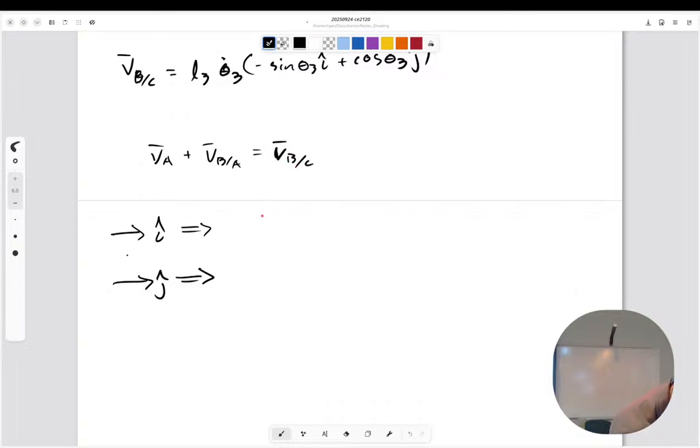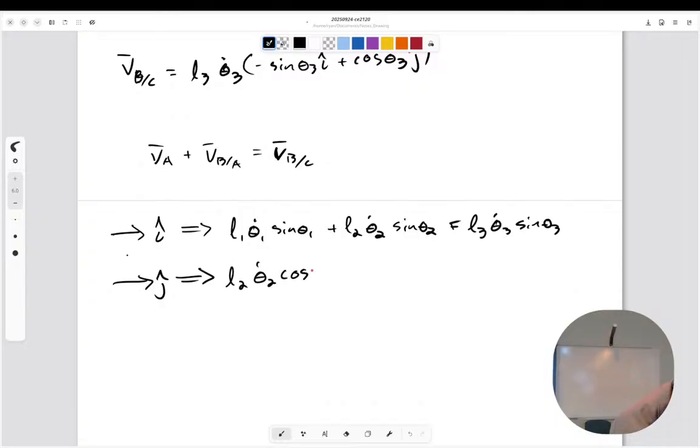The I components all add up to L1 theta 1 dot sine theta 1 plus L2 theta 2 dot sine theta 2 equals L3 theta 3 dot sine theta 3. The J components: L1 theta 1 dot cosine theta 1 plus L2 theta 2 dot cosine theta 2 equals L3 theta 3 dot cosine theta 3.